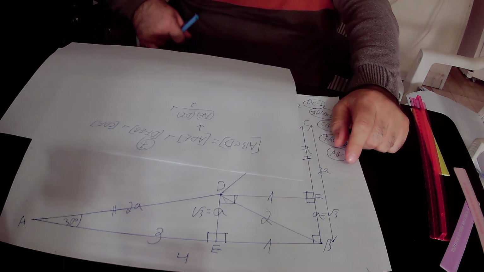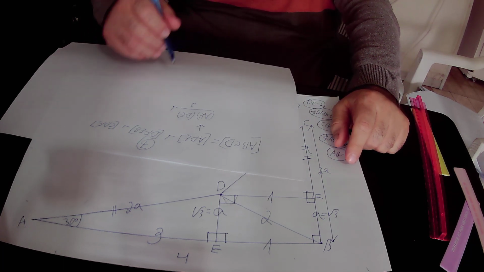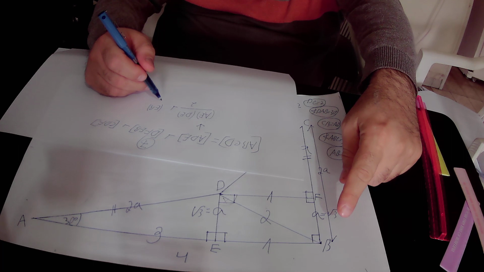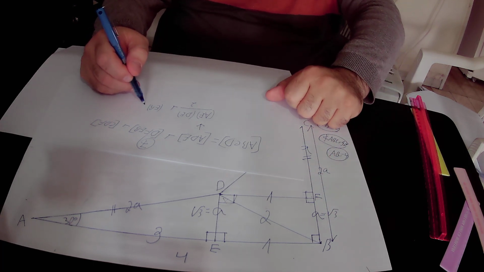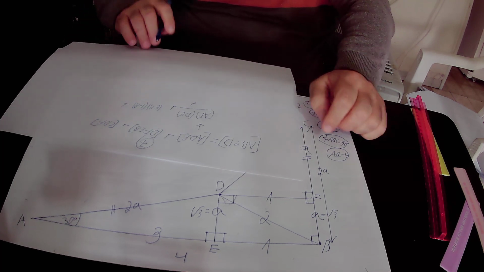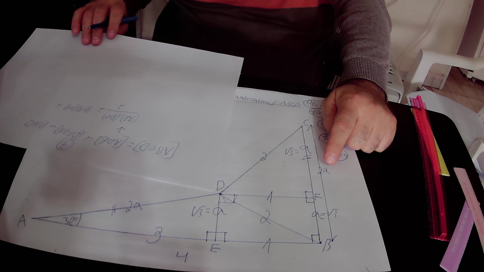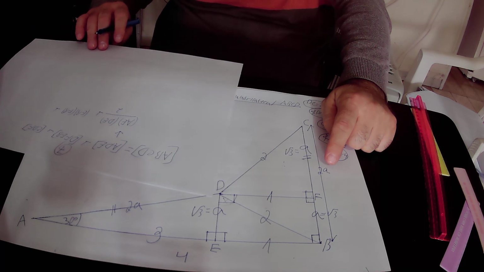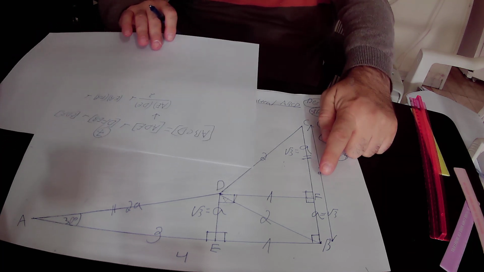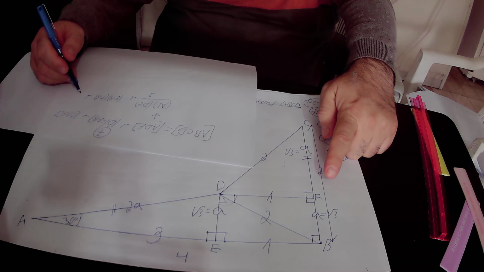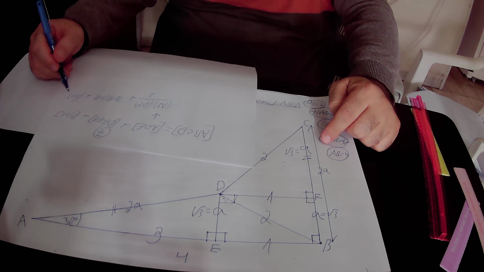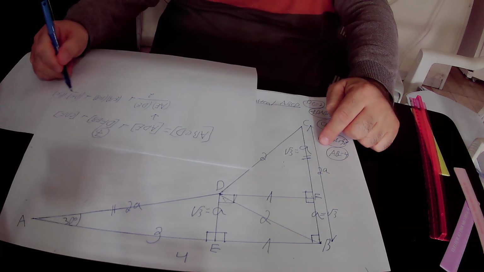The width of the rectangle is EB, and the length of this rectangle is FB. So it is EB times FB plus the area of the right triangle CFD. The area of the right triangle, triangle CFD, is equal to the base of the triangle, that is actually DF, times the height to the base, that is actually CF, over 2.